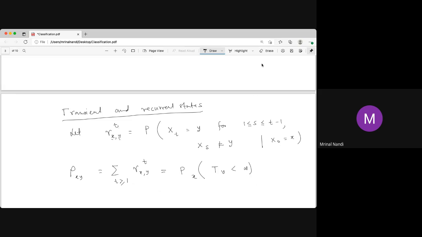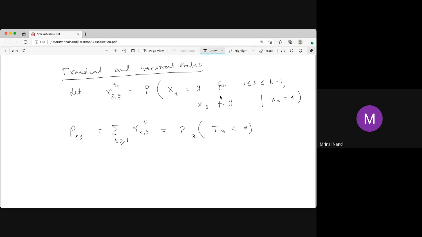This is a very important quantity in a Markov chain. Starting from x, do I ever reach y or not, and if so, what is the probability that we reach y? It may be 5 steps, 100 steps, or 2 crore steps. That doesn't matter. Whether we reach or not, what is the probability?